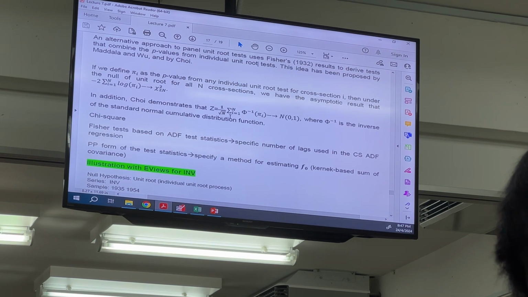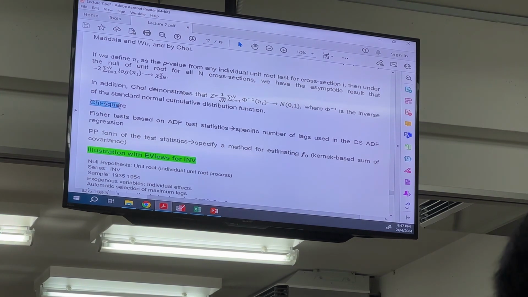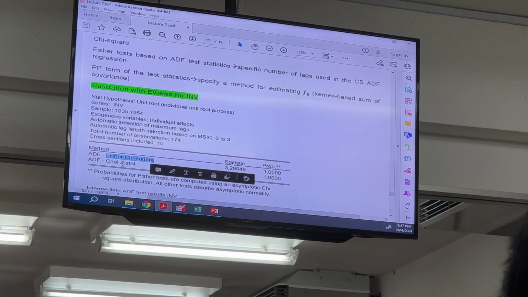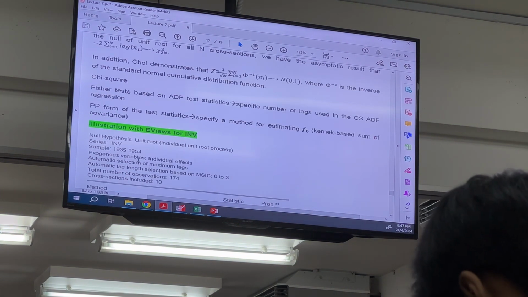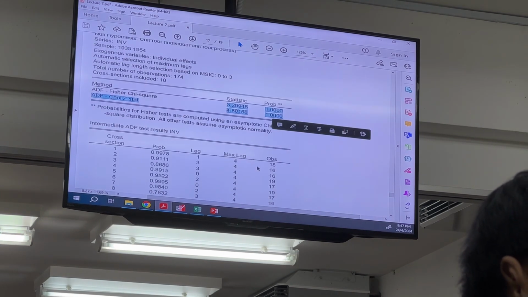So now we're going to have something like this view. After you run it, you're going to have the Fisher chi-square and also the Choi Z statistic. Again, these two also show that it's insignificant.